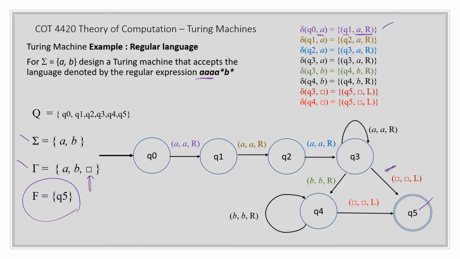You can follow along here. This is A, A, A. Then if you get to Q3 and you encounter a blank, you go to Q5 and it will be accepting.